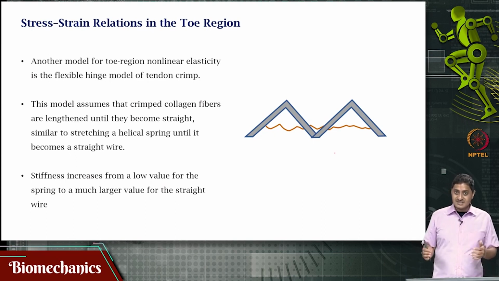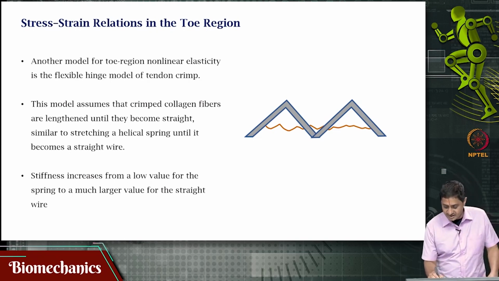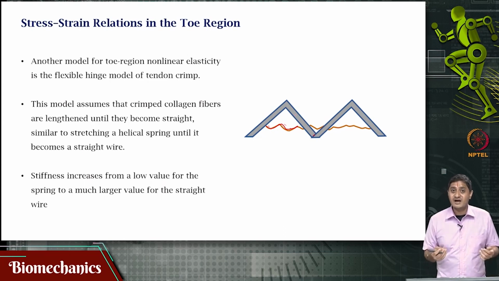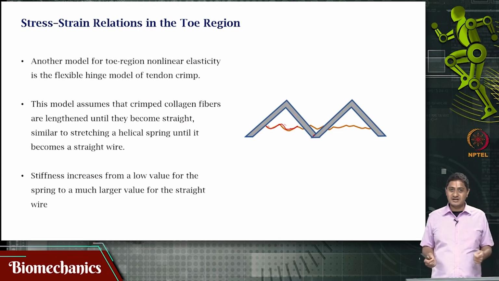it would have caused a plastic change or non-elastic change beyond the region of elasticity. That is fine. In the case of the tendons they do go back to their original configuration, but the point is as they become stretched, so here is a hinge, as they get stretched, as they become more and more straight, their material property changes because of uncrimping, because they are being straightened, and then it is showing a different property.